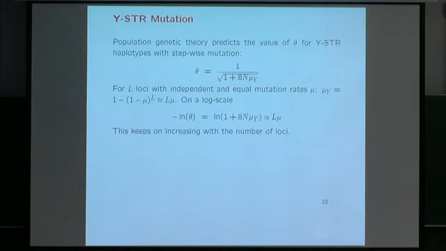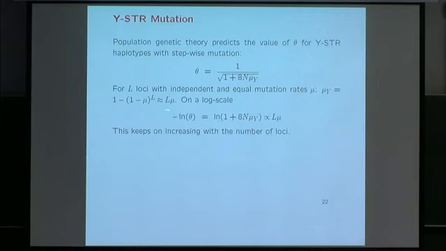There's a lot of theory in population genetics telling us how big these quantities should be, and under a single stepwise mutation model, they're given by this little equation, the population size and the mutation rate for the haplotype. And if the loci had the same mutation rates and they were mutating independently, then the log of theta is proportional to the number of loci.